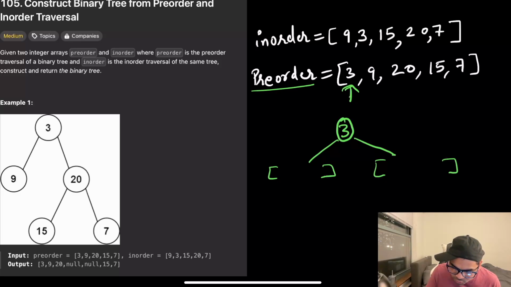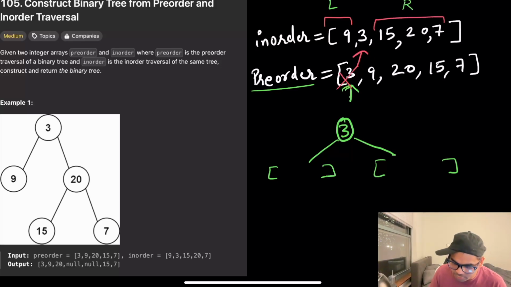I have used three as the root, but in inorder traversal we know we process the left subtree first and the right subtree after that. So if I look for this node in my inorder, that means everything before this has to be in the left subtree, and everything after this has to be in the right subtree.